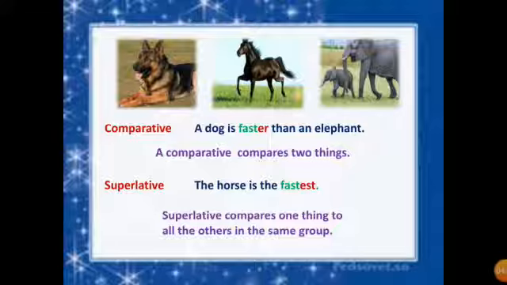A comparative compares two things. In this sentence, we compare elephant and dog. Superlative. The horse is the fastest. Superlative compares one thing to all the others in the same group.